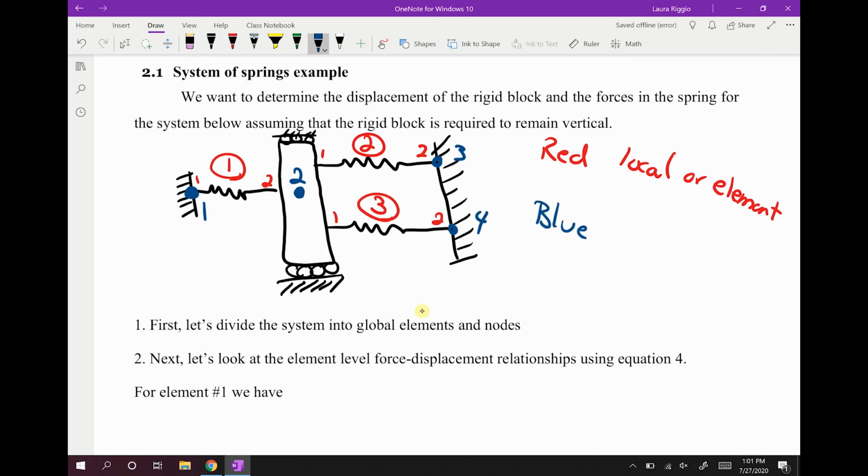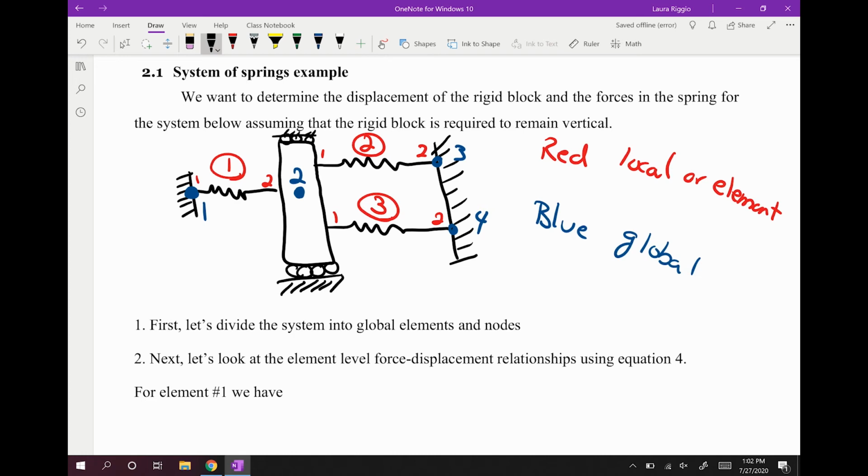So the blue is global. The difference is that with blue, I'm looking at the system as a whole, where things in that system connect in the grand scheme of things, whereas with the red, I'm looking at each individual spring alone.